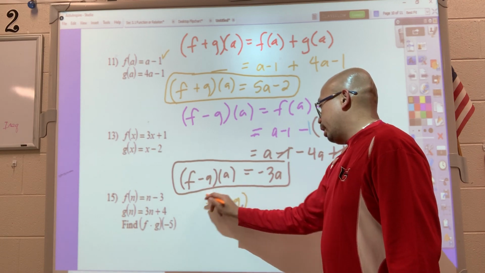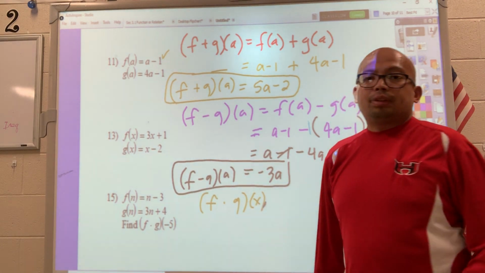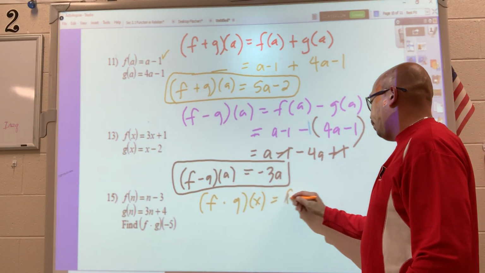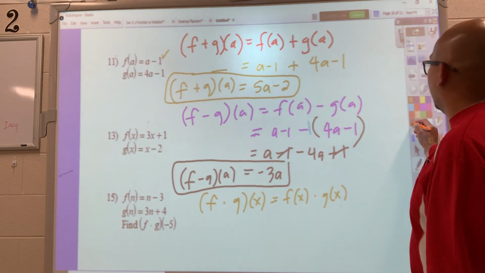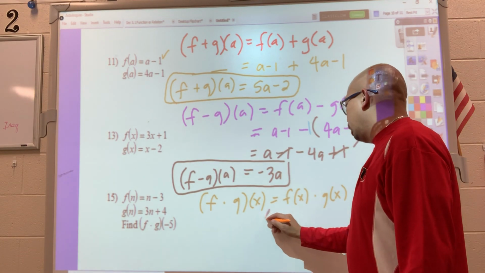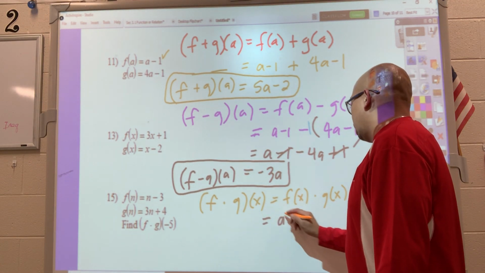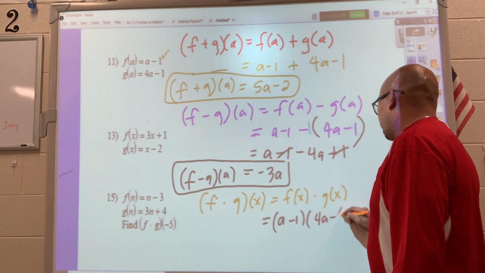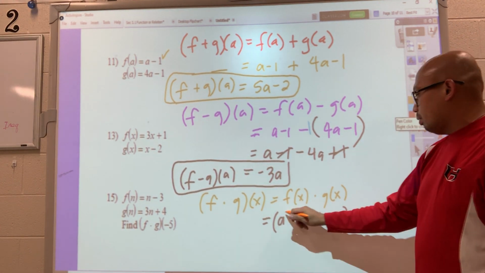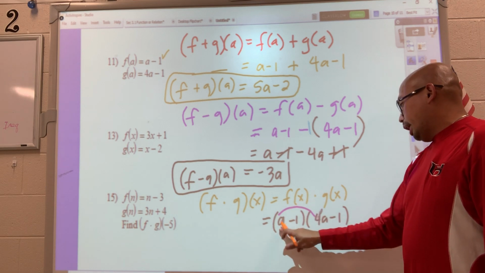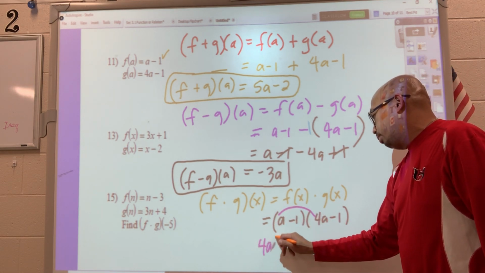Multiplication. F times g of x, that means it's f of x times g of x. So here, if you remember your algebra 1, a minus 1 times 4a minus 1, you can do the FOIL. First, outer, inner, last. First, a times 4a is 4a squared.